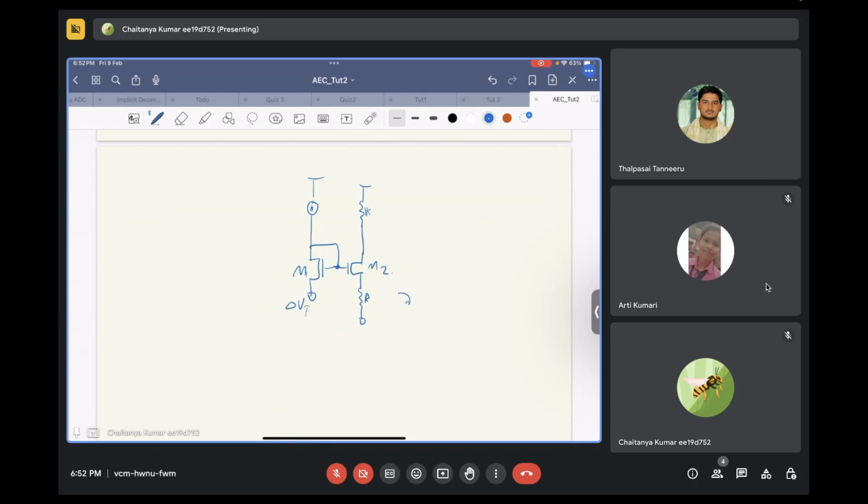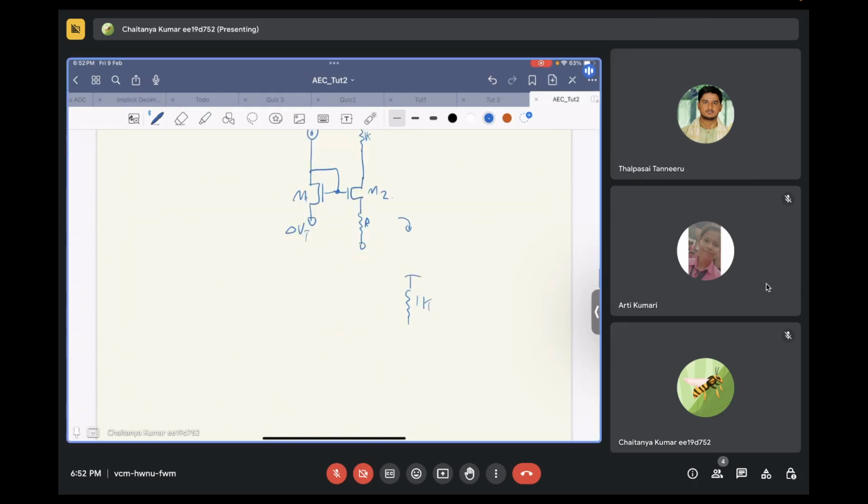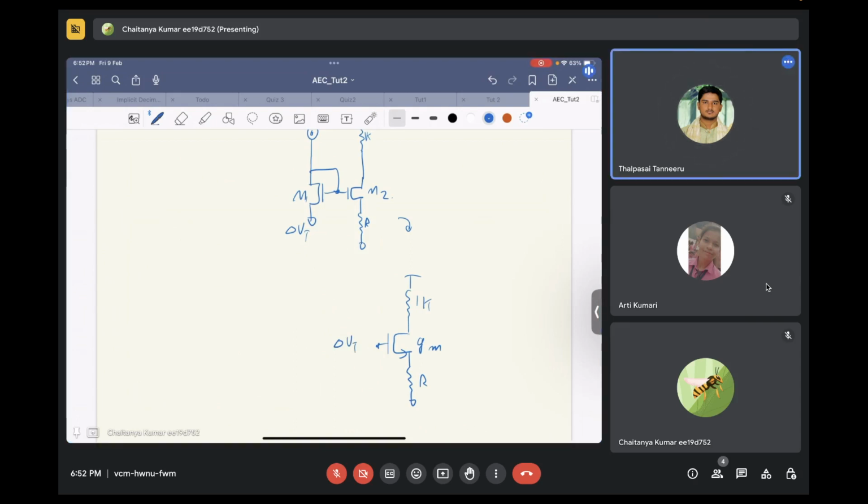So how will it look? There will be this 1 kilo ohm resistor, and then let's say this transistor has some GM and this value of resistance R, and there is a mismatch of delta VT. Yes, sir. Can you calculate quickly what will be the current change in this scenario now?